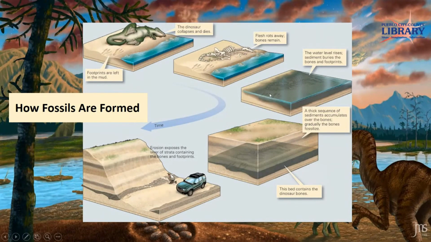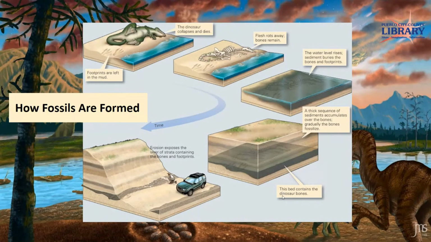Gradually, over a long period of time, the sediment slowly filters down and covers what's left of the animal. And over time, it builds up, and the intense pressure from all the weight eventually turns it to stone.